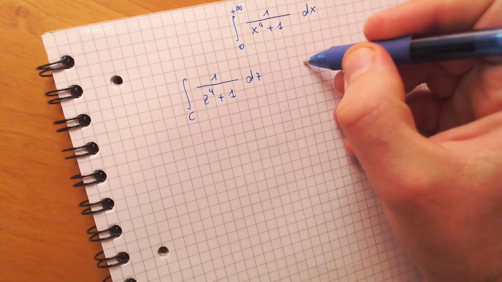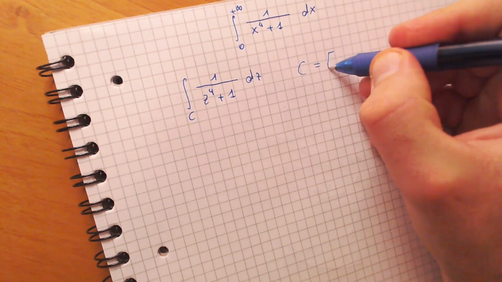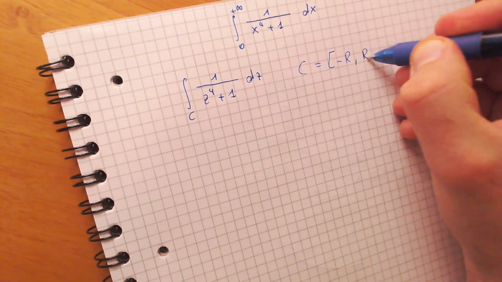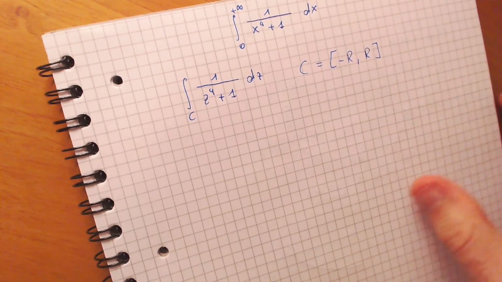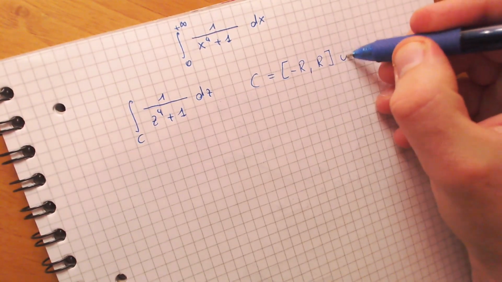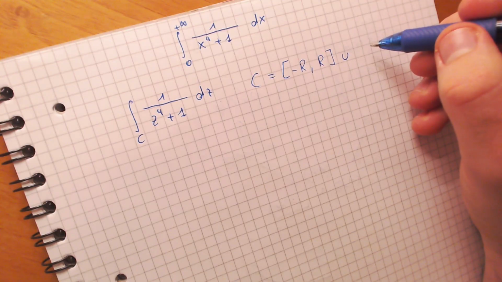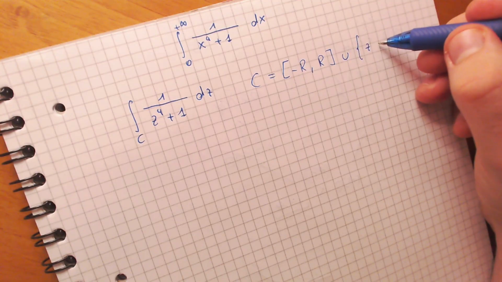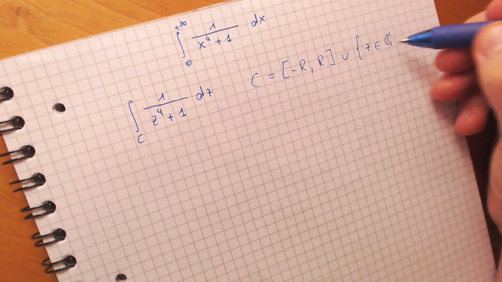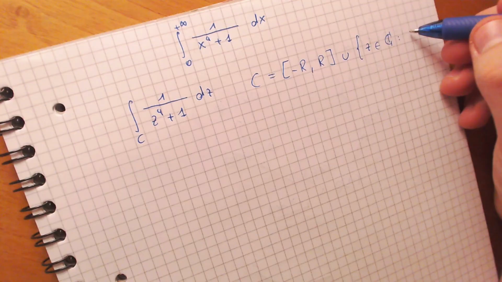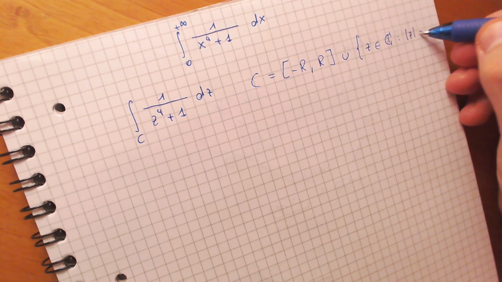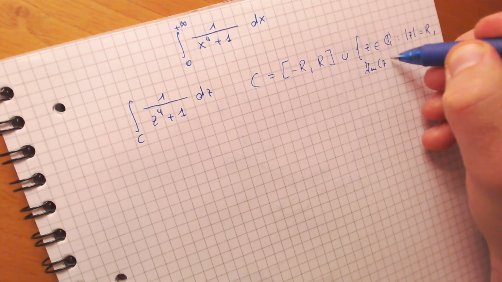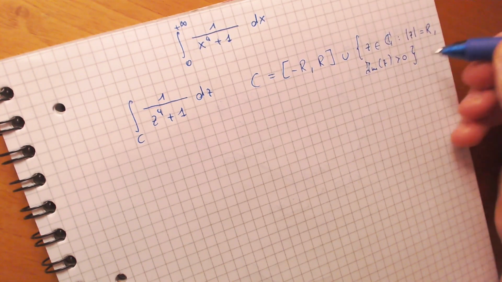Here the idea is to consider C given by a straight line from minus R to plus R, and then we also have to consider the set of complex numbers z belonging to the complex plane such that the modulus of z is R and the imaginary part of z is positive.